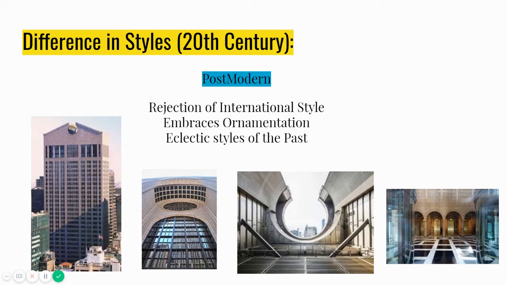Eclectic means piecing together, pulling from different areas and piecing it together to create one new style. So you might see a little bit of Greek influence in there, and a little bit of Baroque, and a hint of Romanesque, and all these things come together to create a new style that's called postmodern.